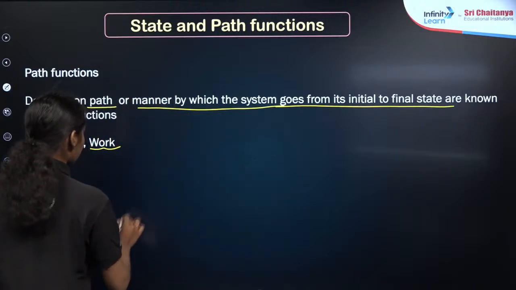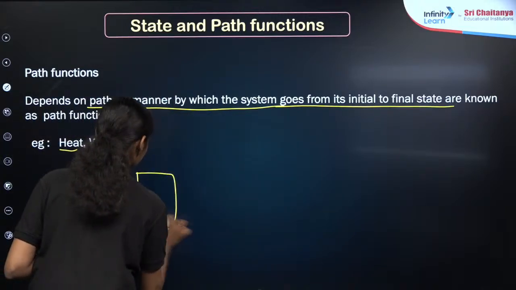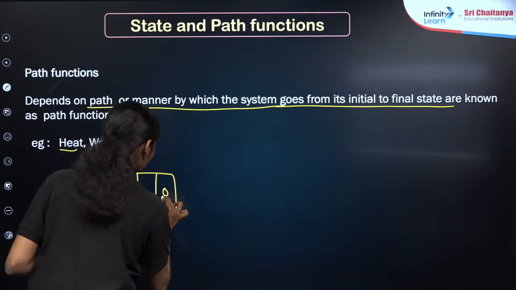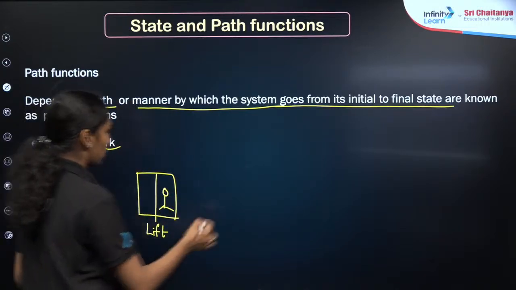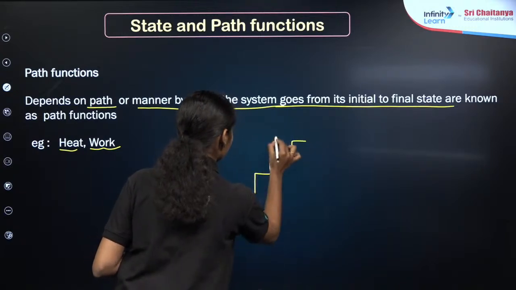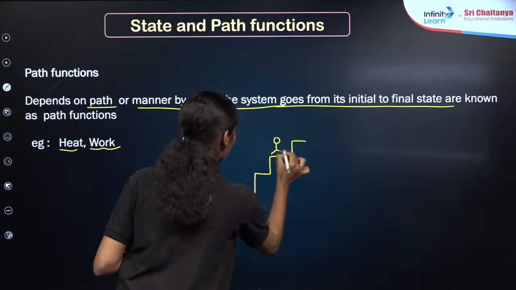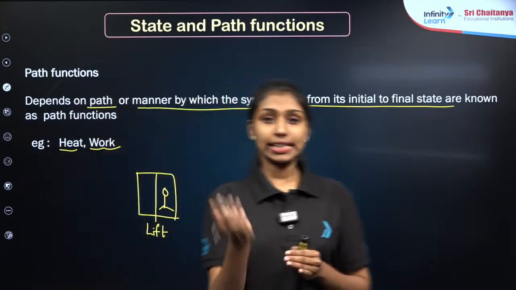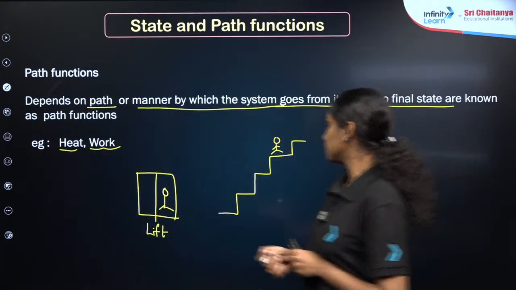One is going by lift. Just assume it is a lift. Another one is going by stairs, and both of them reach the third floor of the building. What will happen to the work done? Is it the same or different?